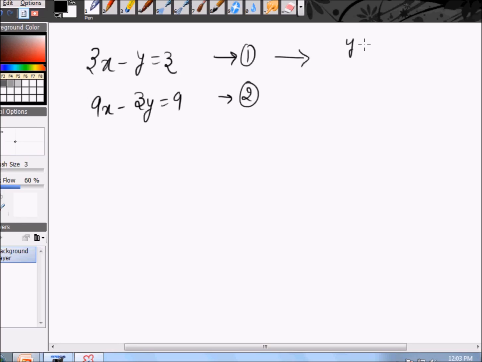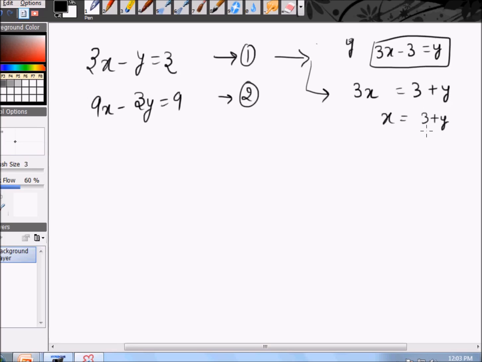Friends, if y is to be represented in the form of x, we can do so by writing 3x minus 3 equals y. If we have to represent x in the form of y, this can be done as 3x equal to 3 plus y, thus x equal to (3 plus y) over 3. Clearly, the former representation is more convenient because the latter one includes a denominator term.